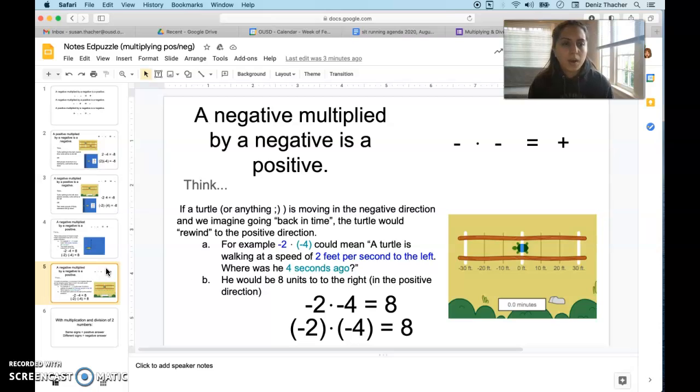Where was he 4 seconds ago? So really this is important with this idea of language and what these negative signs mean. So you see this idea of back in time, being rewound, being taken away, being 4 seconds ago. So he would then be at 8 units to the right in a positive direction. So again, a negative multiplied by a negative will always be a positive.